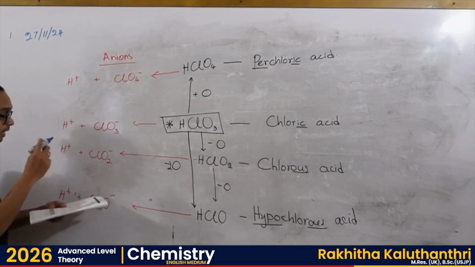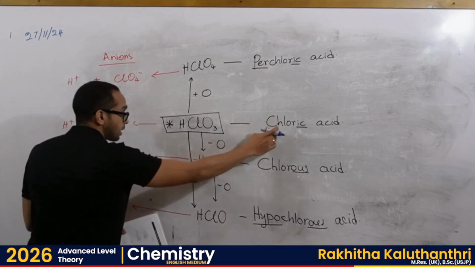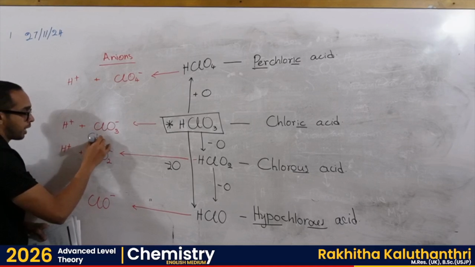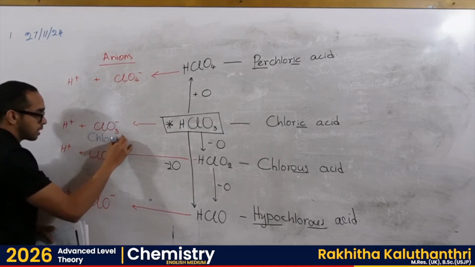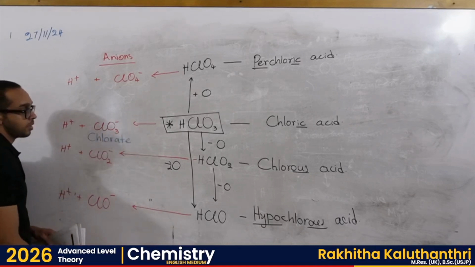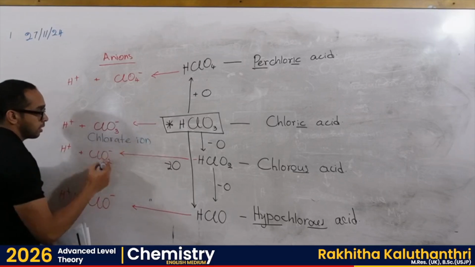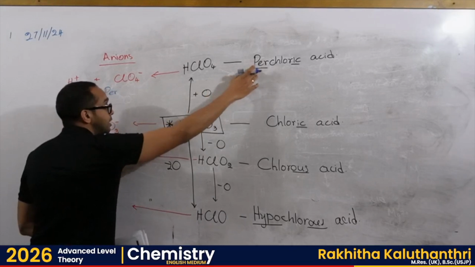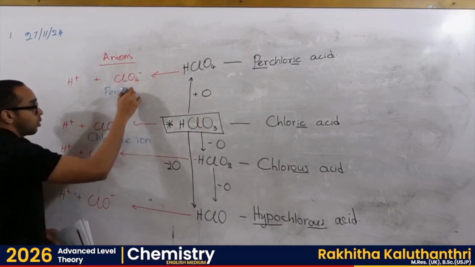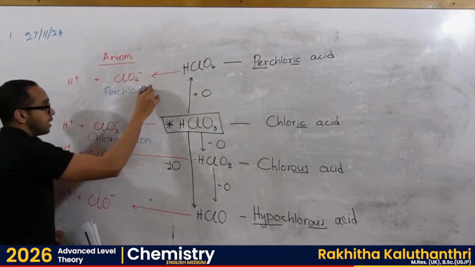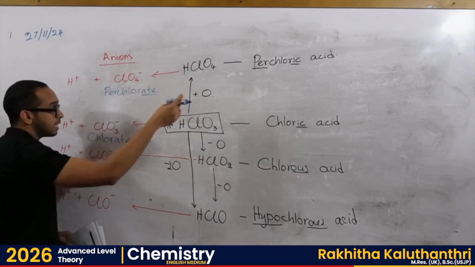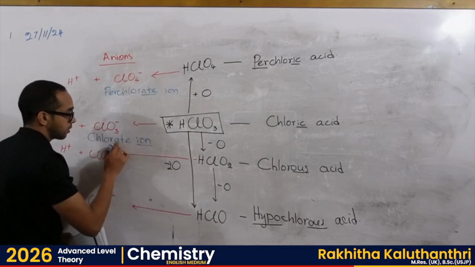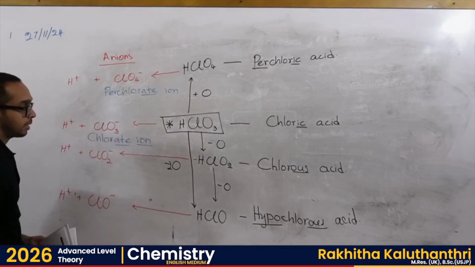First of all, if you have chloric acid, the anion formed is referred to as chlorate ion, right? Chlorate ion. So therefore this is going to be referred to as per. Now this is perchloric acid. The only change is the ending changes from IC to ATE, chlorate ion, right?